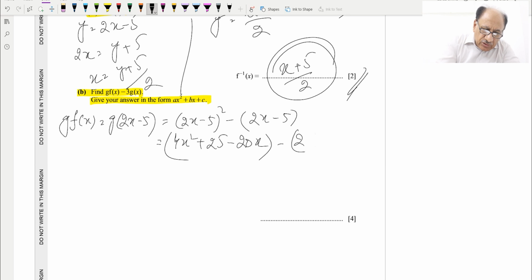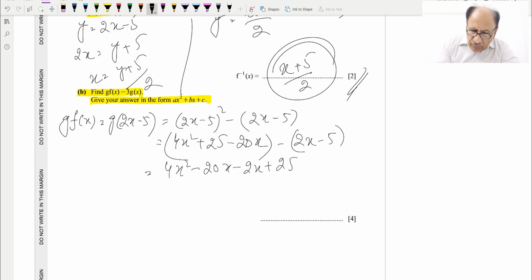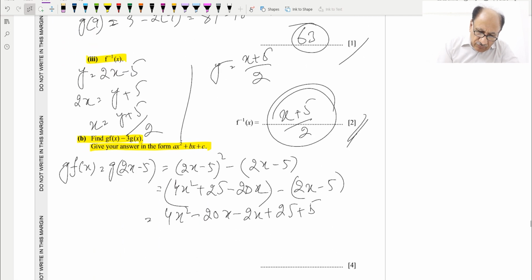Now we can open the bracket, so 4x square and minus 20x, and there is a 2 we missed: it's 2x over here, so we have to write 2 here, so this will be minus 4x, and plus 10.